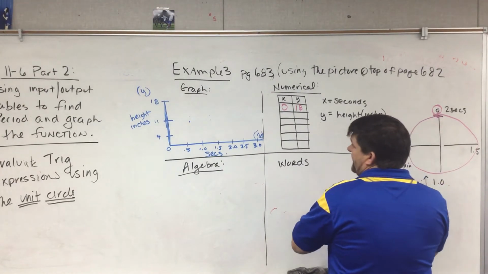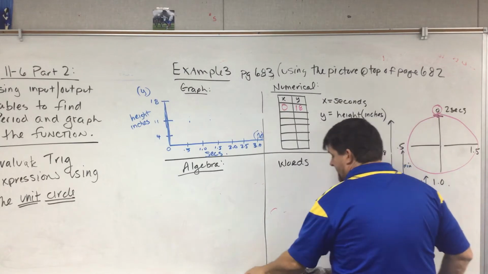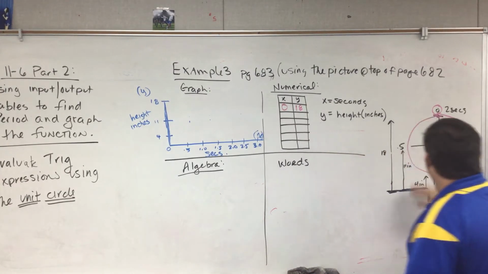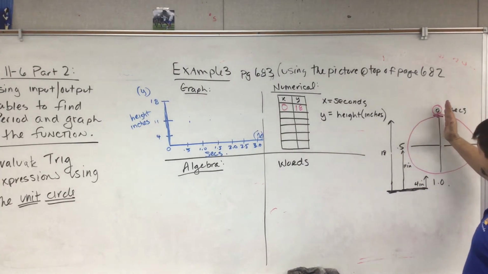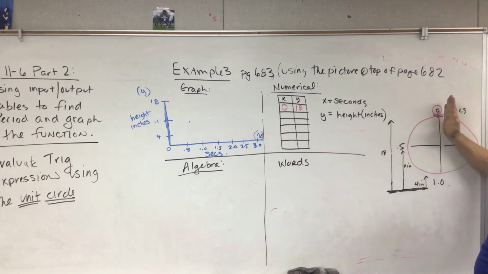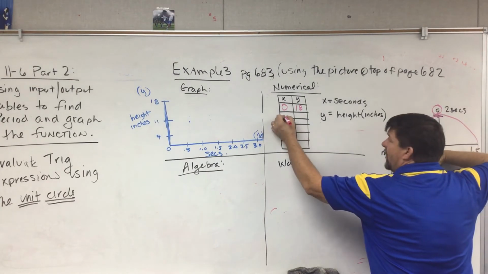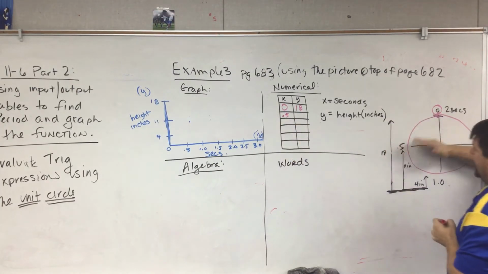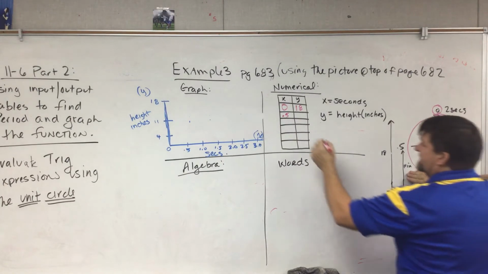So I'm going to change, no, I'm not. I'm going to keep it the same color. Forget what I just said. So if we start at 0, I got 18 inches high, the height of the pedal. When I pedal 1/4 of a turn, it took me 0.5 seconds, and my new height is now 11 inches.